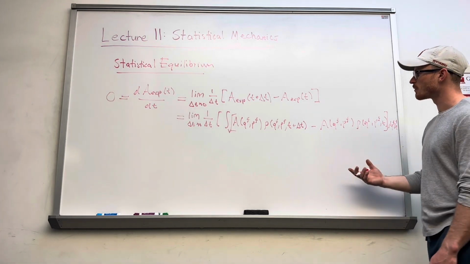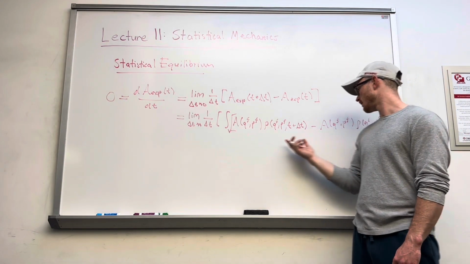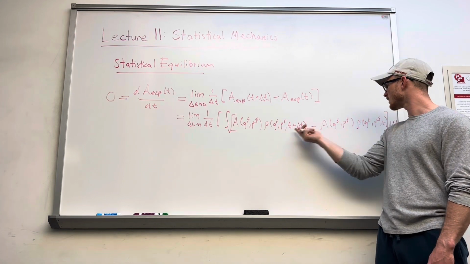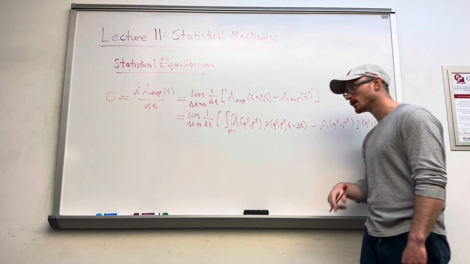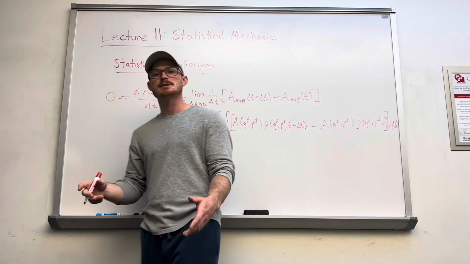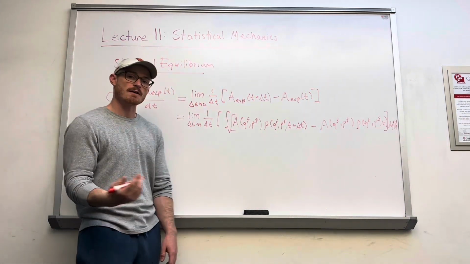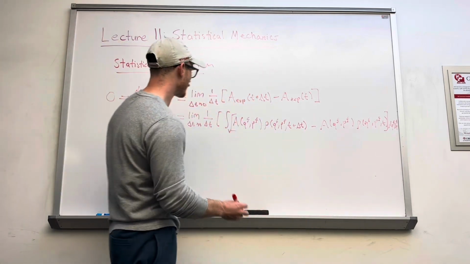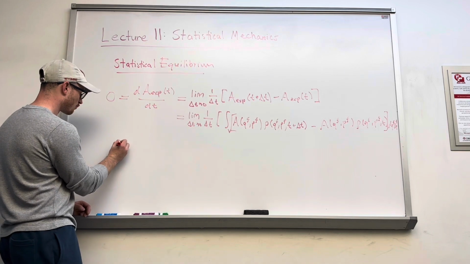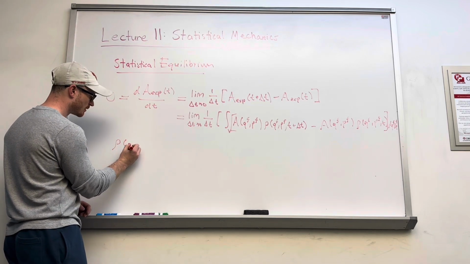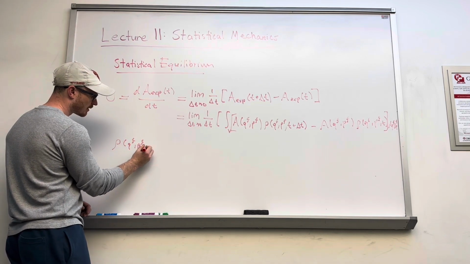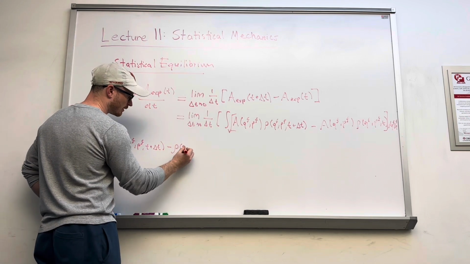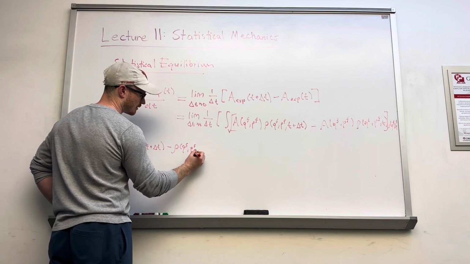So what do we have? Well, we have the same value, A and A, so we can pull them out. And then we have a difference in rho at t plus delta t and rho at t. We've done this many times in the class. We're going to invoke a first order Taylor expansion on these terms so that we can write this difference, rho of q_f p_f at t plus delta t minus rho of q_f p_f at t.